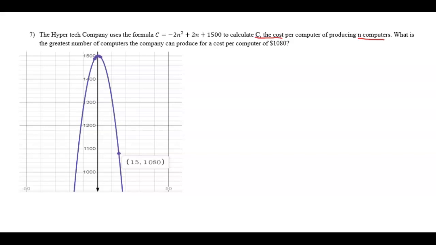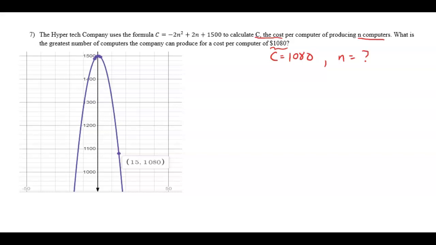Every time they say money, that's cost. Every time they say computer, that's n. So that's money right here in dollars, that's the cost. So we know C is equal to 1080. What they ask us to find is n. If the cost is $1,080, how many computers can be produced? That's what we don't know.